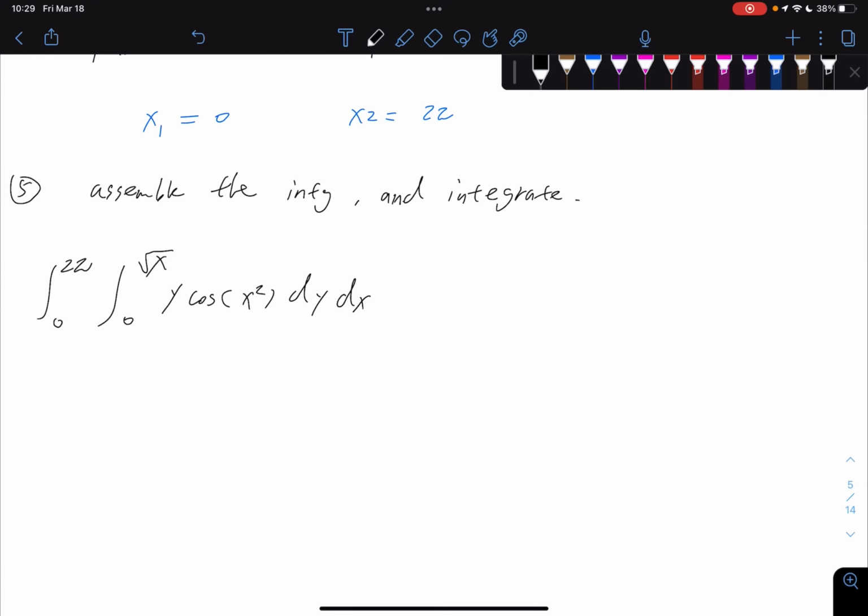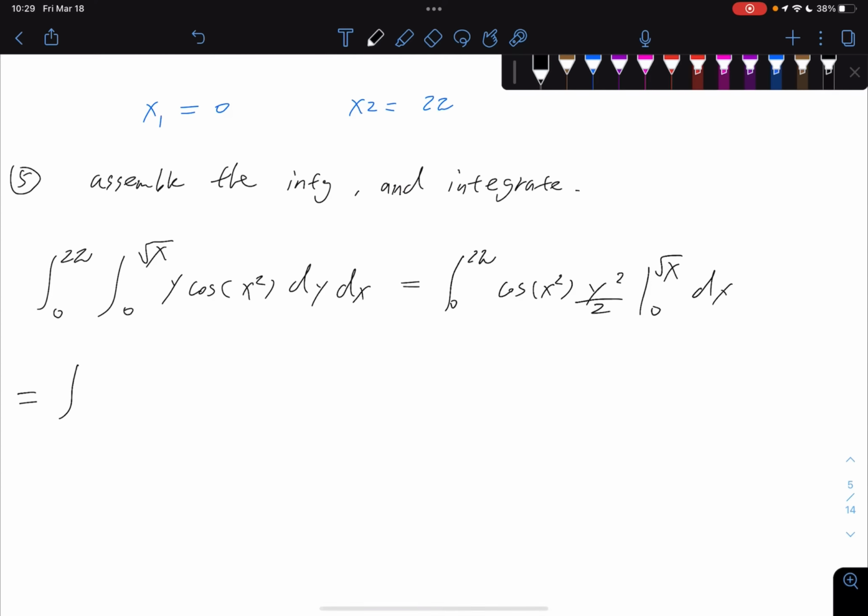Dy dx, again, we treat x as a constant, so that will give us 0 to 2 pi cosine x squared times y squared over 2, from 0 to square root of x. So that will give us 0 to 2 pi cosine x squared times x over 2, right?